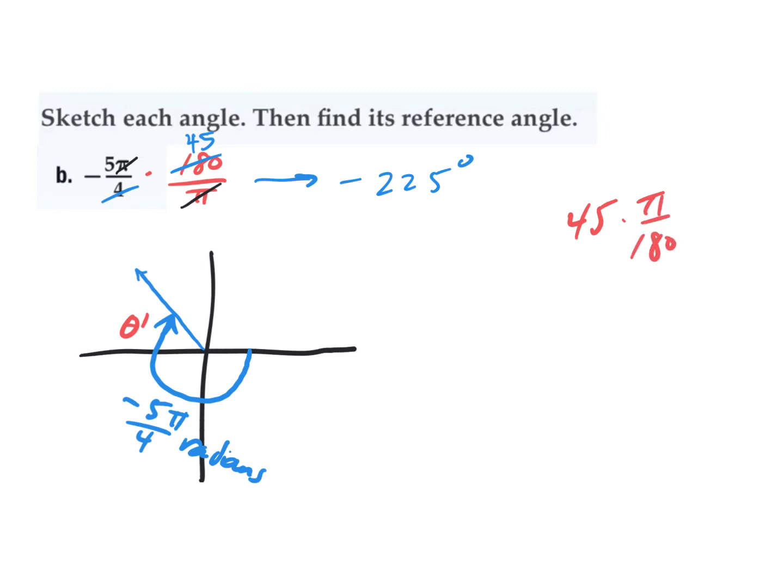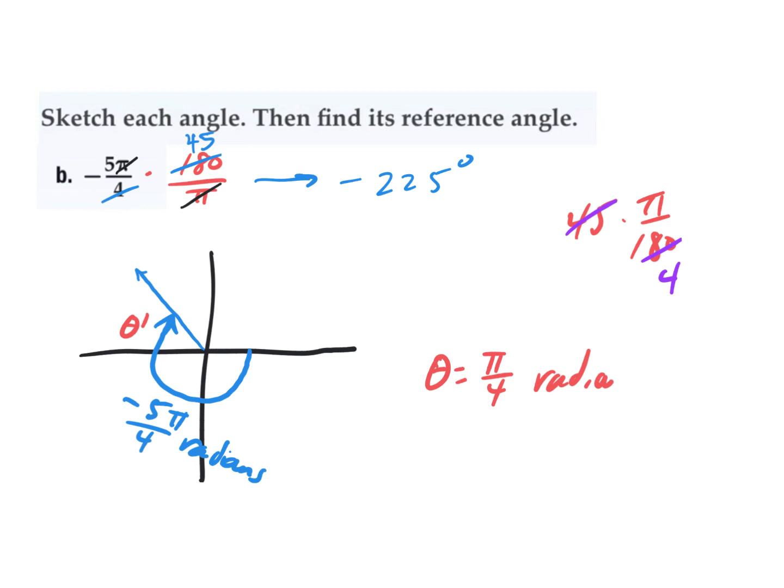Well, we figured out just up here that 4 went into 180 45 times. So guess how many times 45 goes into 180? 4. Okay, so my reference angle is pi over 4 radians.